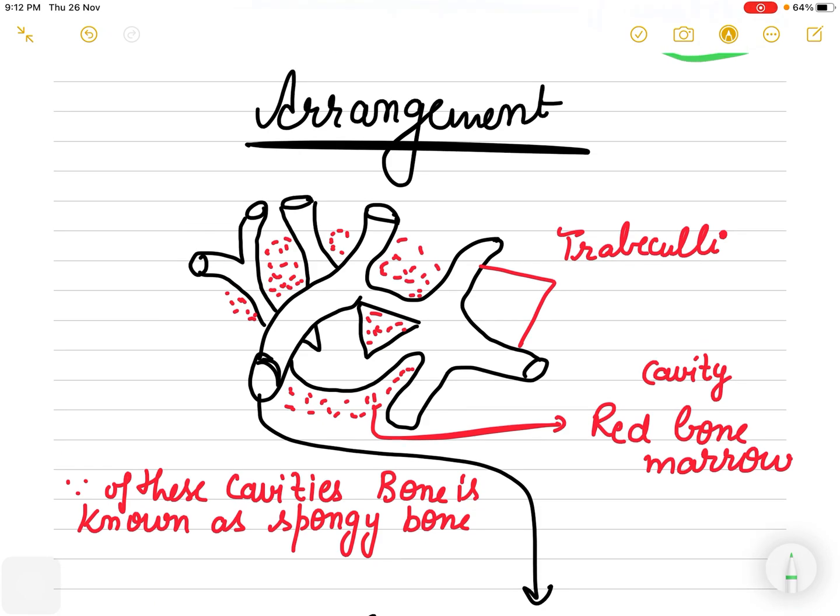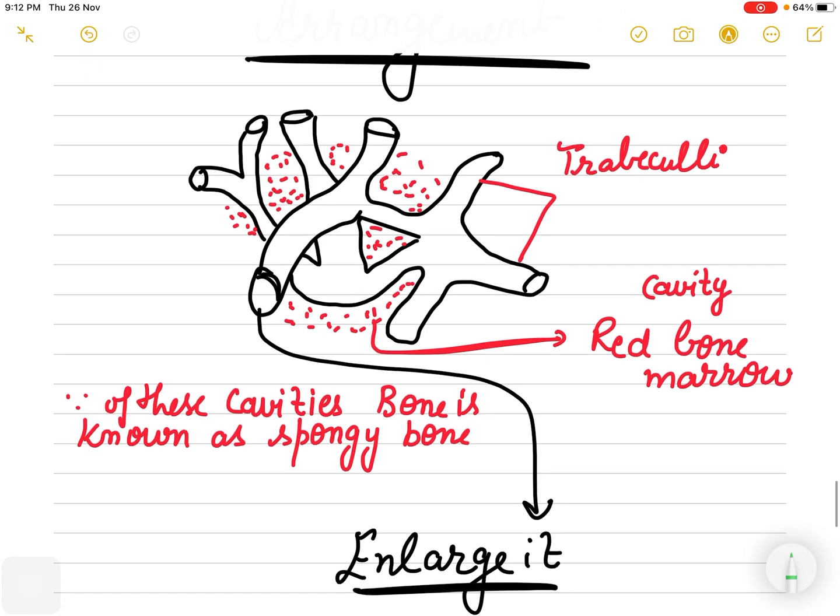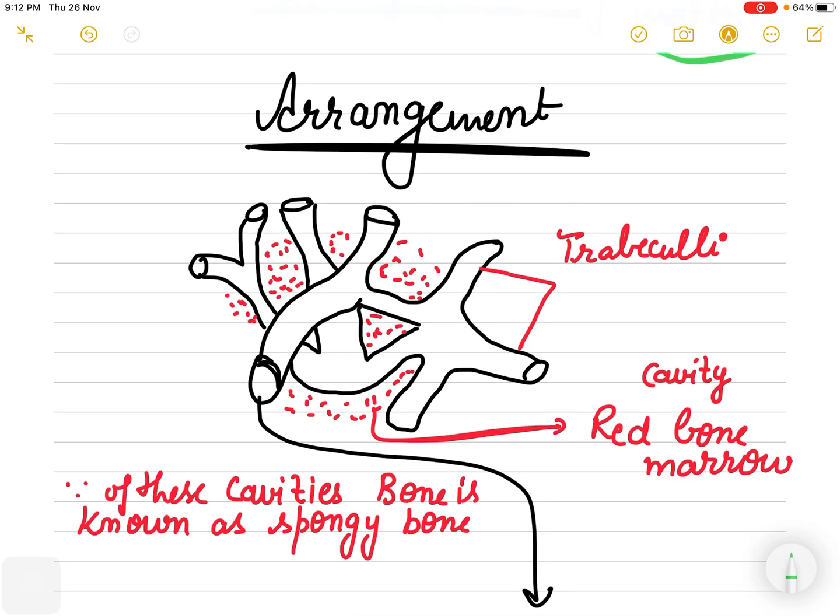As you know, the compact bone had a very complex arrangement. Here you will find these kinds of connections in the spongy bones. There is no concentric ring arrangement.